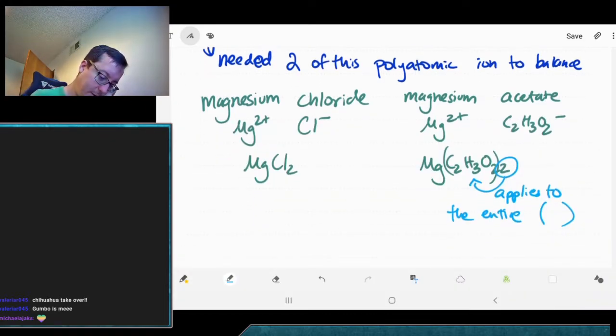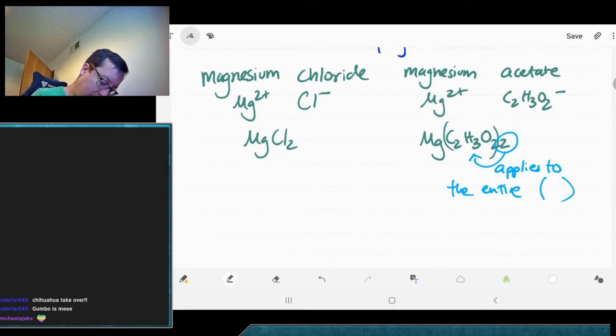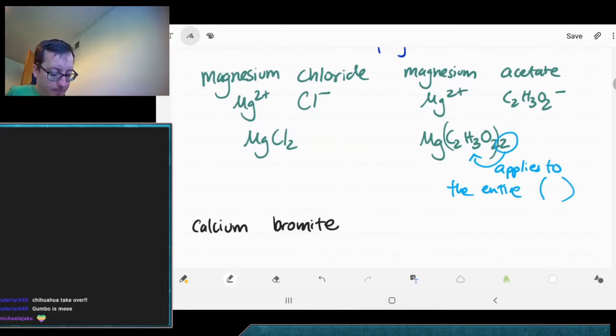Alright, so let's see another one. How about calcium bromide? Let's go ahead and go from name to formula here.